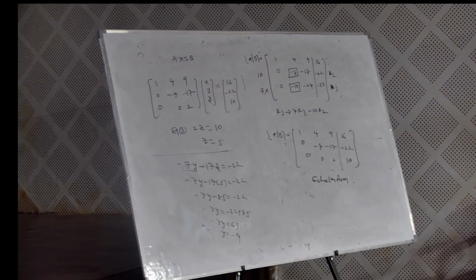I inform everyone to verify. This is my valuable advice to everybody. After getting the values, please check, substitute all the values x, y, z in all the equations 1, 2, 3, because it is an essay question.